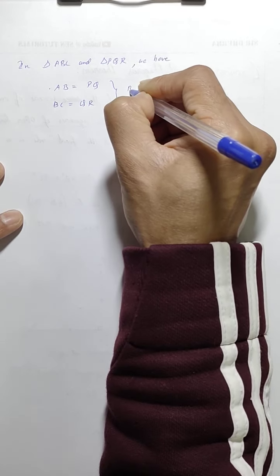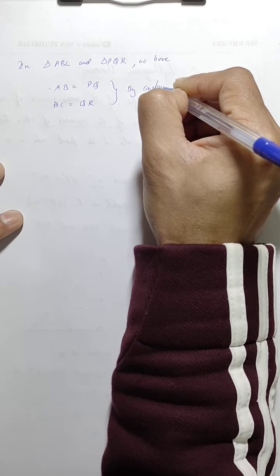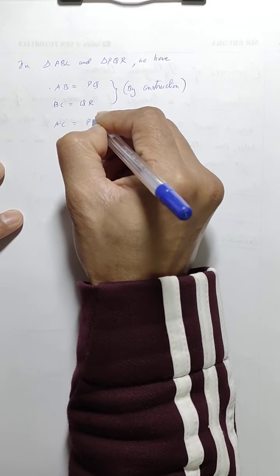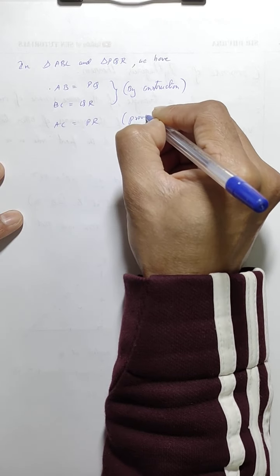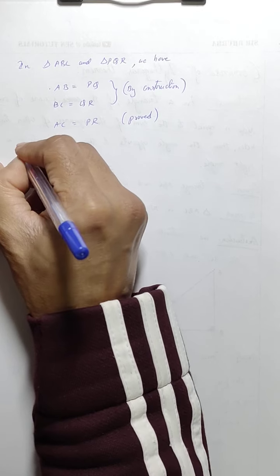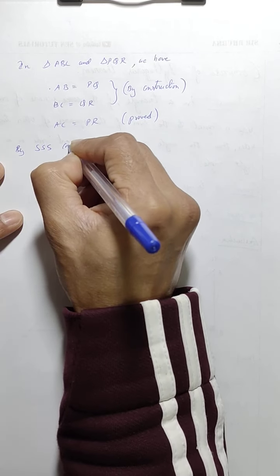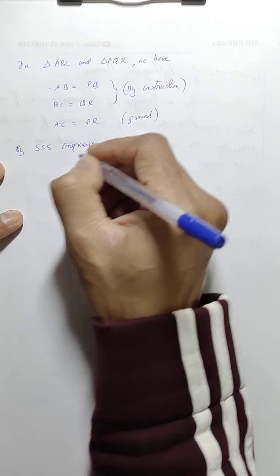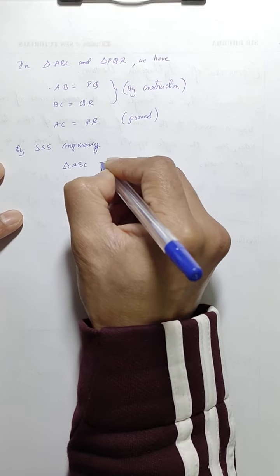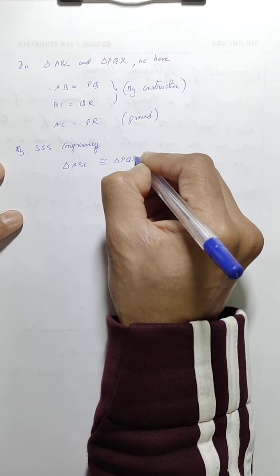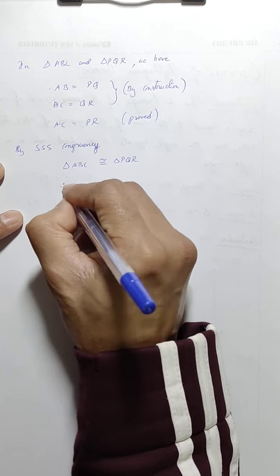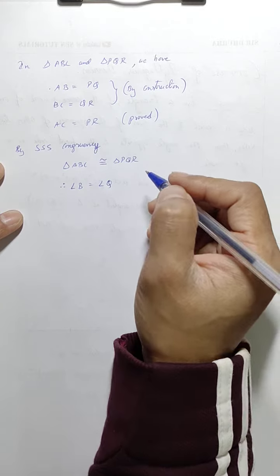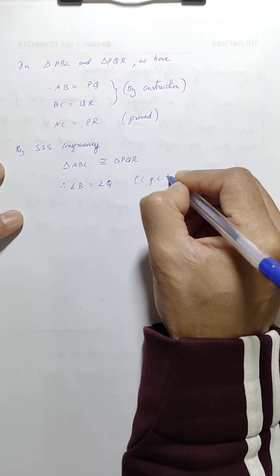These two are from our construction. And just now we proved that AC is equal to PR. So by side side side congruency, these two triangles are not only similar, they become congruent: triangle ABC is congruent to triangle PQR. Therefore angle B becomes equal to angle Q, by corresponding parts of congruent triangles. Remember that we have done it in class 9.